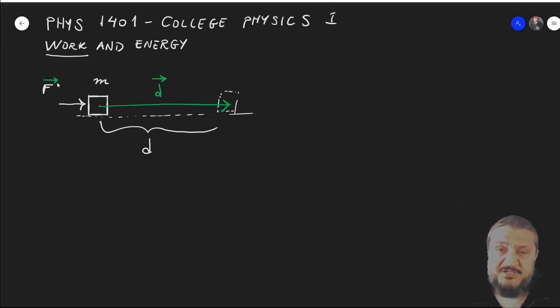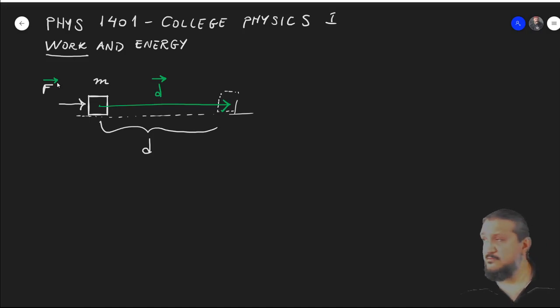These two are vectors. Now, the definition has to depend on the force and the distance traveled. You can push an object 1 meter, or you can move it 2 meters or 3 meters. If you increase the distance, you're doing more work. So you expect work to be directly proportional to the distance traveled.